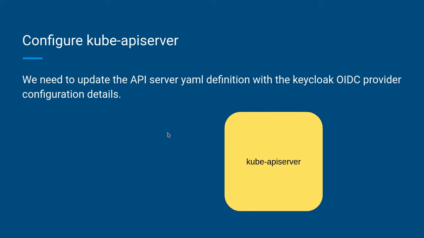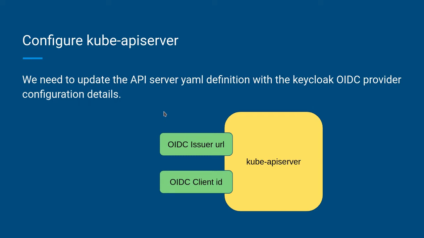This is my Kube API server. We need to have the OIDC issuer URL, which is the Keycloak identity provider issuer URL that we need to add. We need to have the client ID configured.